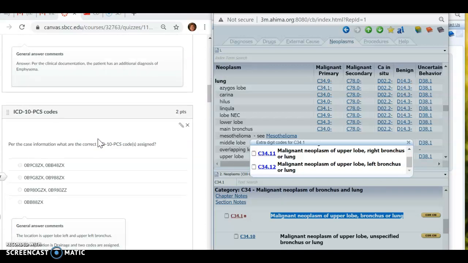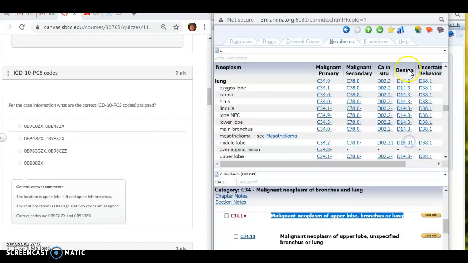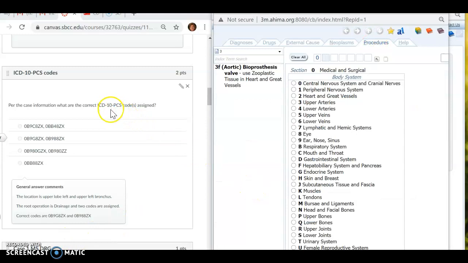Okay, so let's go ahead and look at our two procedure codes. So I am going to switch right over here to procedures. Okay, so let's look at the ICD-10 PCS. So we are going to go with 0B9.